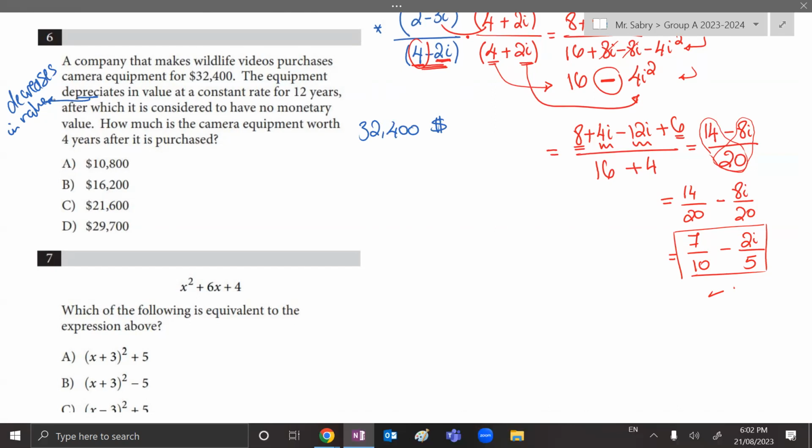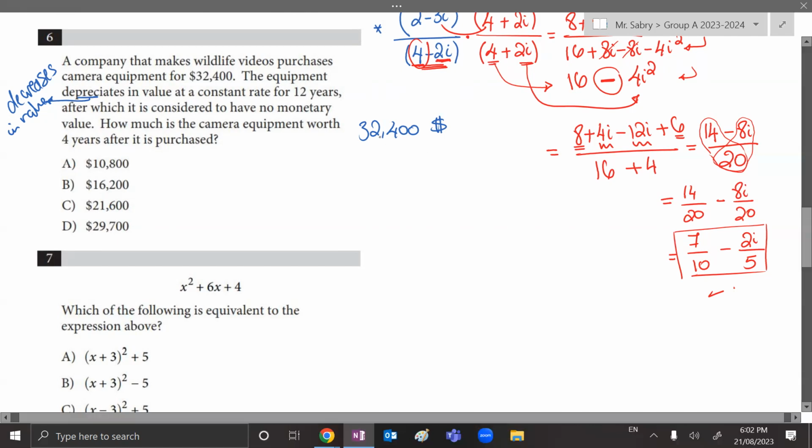It means that this amount of 32,400 will keep decreasing at the same rate for 12 years. After then it will become worth nothing, zero. So what I'm going to do now is split this 32,400 over 12 years to know exactly the amount that it should depreciate each year.